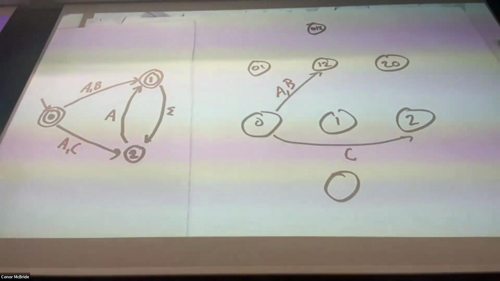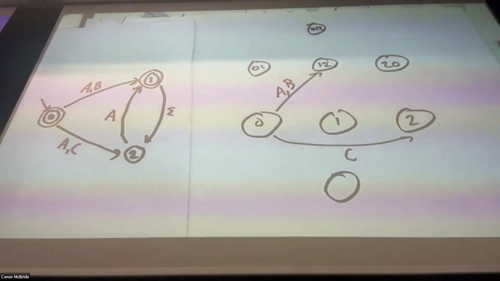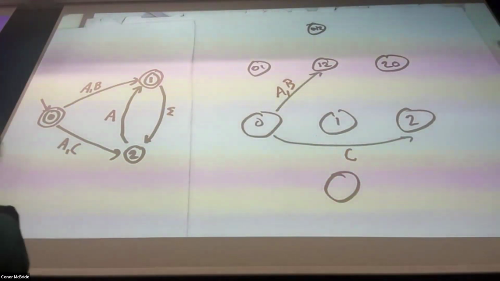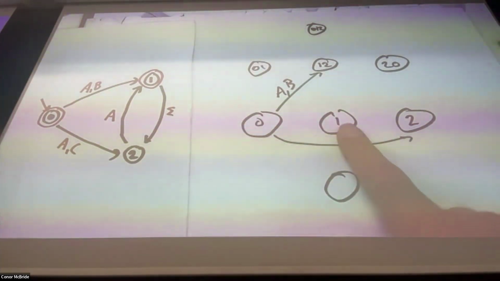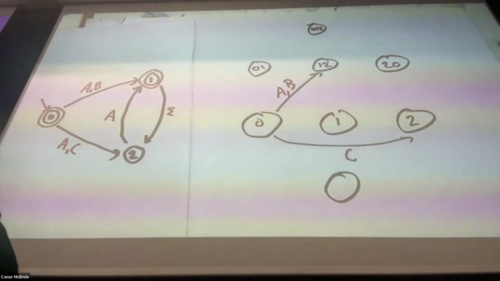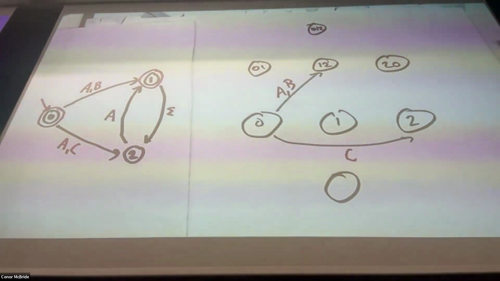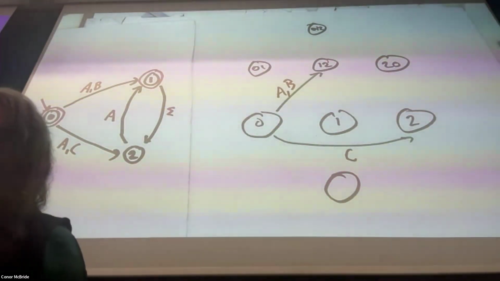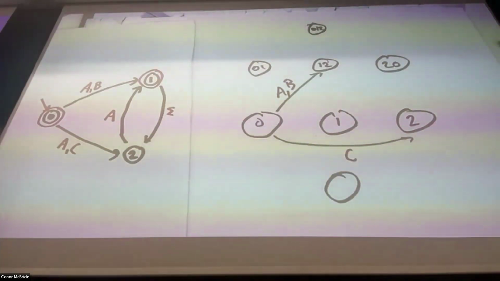Okay. If we are in state 1, well, in fact, we know that we'll never be in state 1. But it's worth figuring out anyway. If we're in state 1 and we get an A, then we will end up in either state 1 or 2.